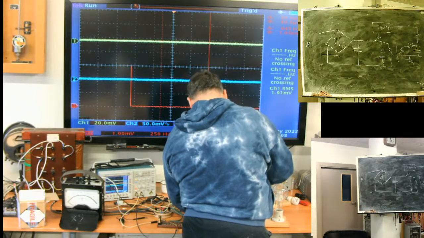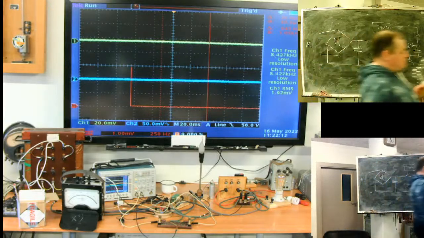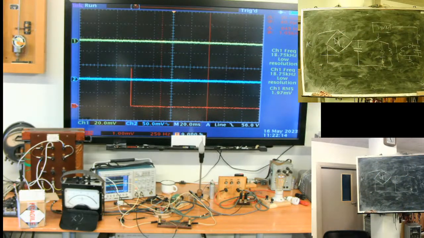Network. More networks for the god of networks. Right here. Rectifier.